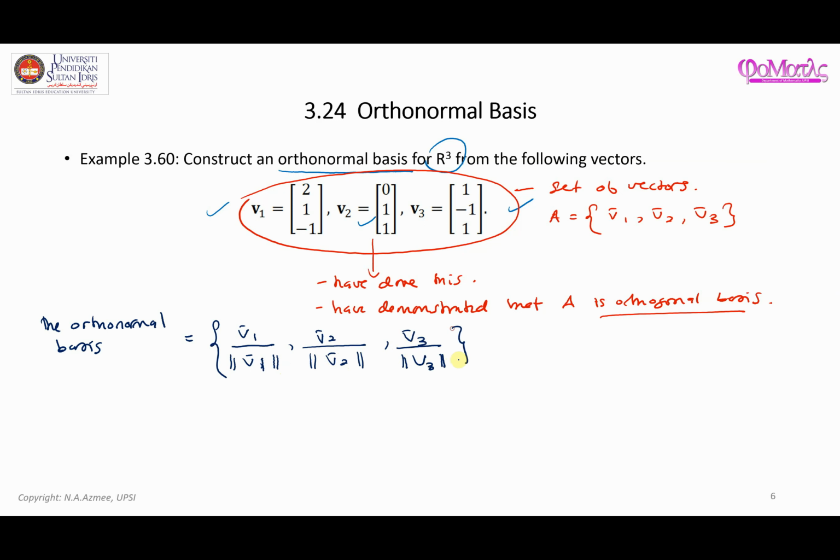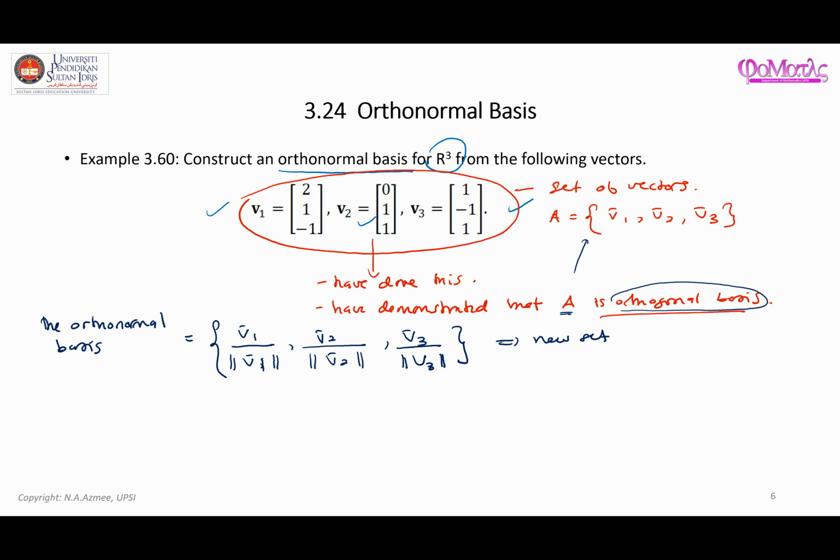By doing that, we will get a new set, and this new set is going to be an orthonormal basis because it comes from A. A here is already an orthogonal basis.